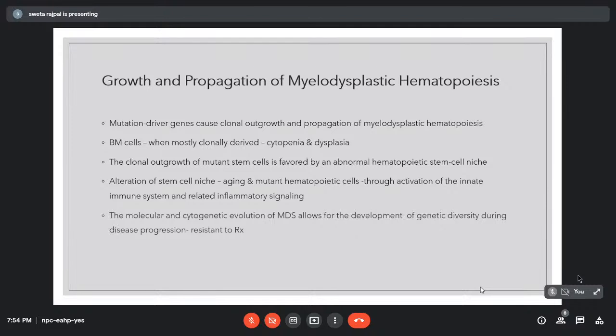Because of this combination of mutations and molecular mechanisms, it leads to genetic diversity during the progression of the disease. Because multiple genes are involved, it becomes very difficult to treat, and sometimes they even become resistant to therapy.